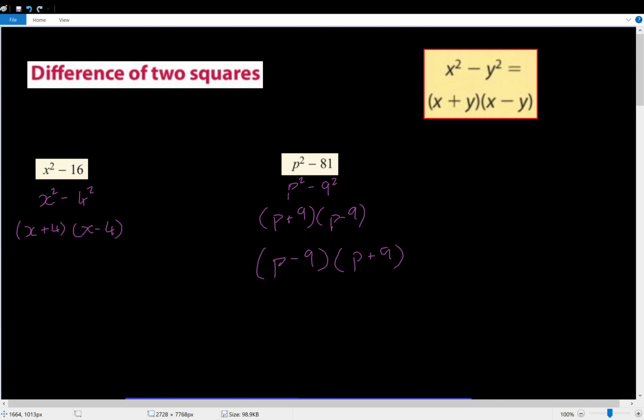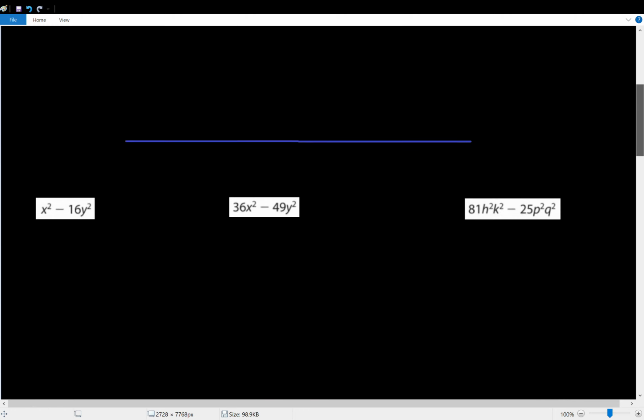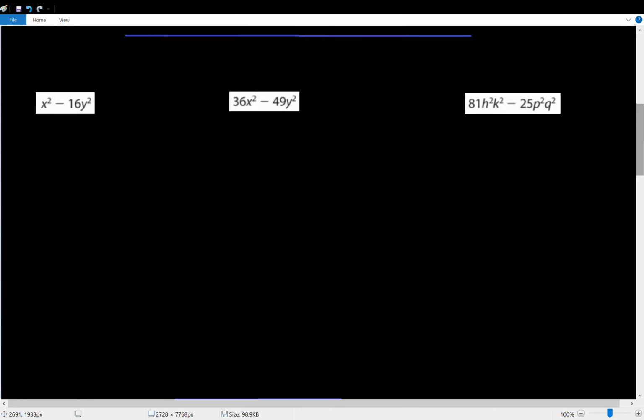But those two are fairly straightforward difference of two squares. Let's take a look at what happens when it gets a bit more complicated. So in our first example here, we've got a number and a letter attached together for our second term. So we're going to have a bit more involved in what's going to be squared. From this expression here, we have x squared, and then 16 is 4 squared.